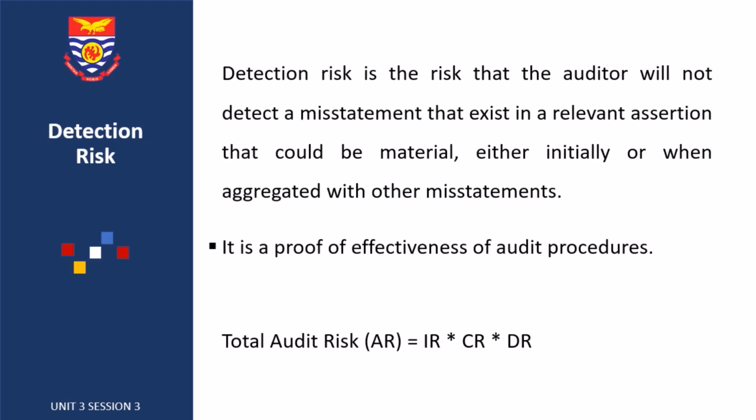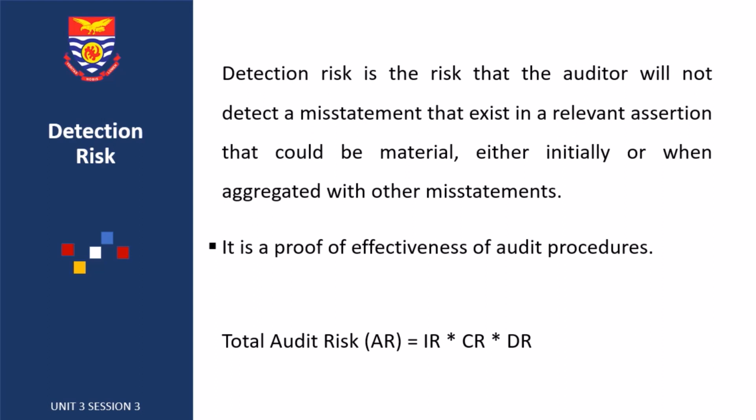Now let's look at detection risk. Detection risk is a risk that the auditor will not detect a misstatement that exists in a relevant assertion that could be material, either individually or when aggregated with other misstatements. So this risk is coming from the auditor: when you perform your assessment, you should be able to identify misstatements.